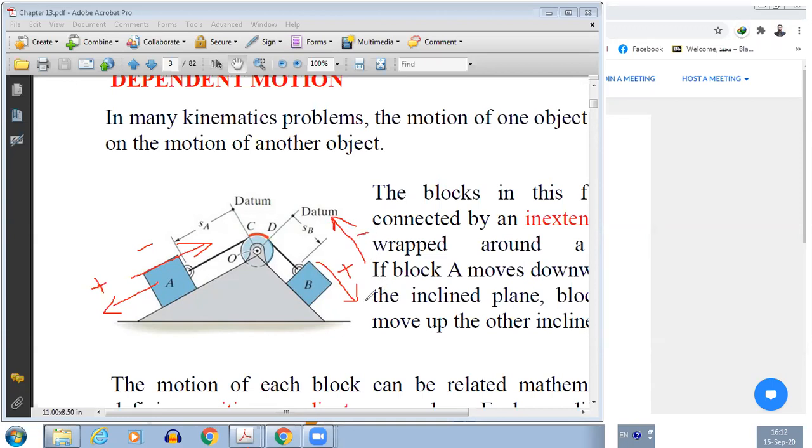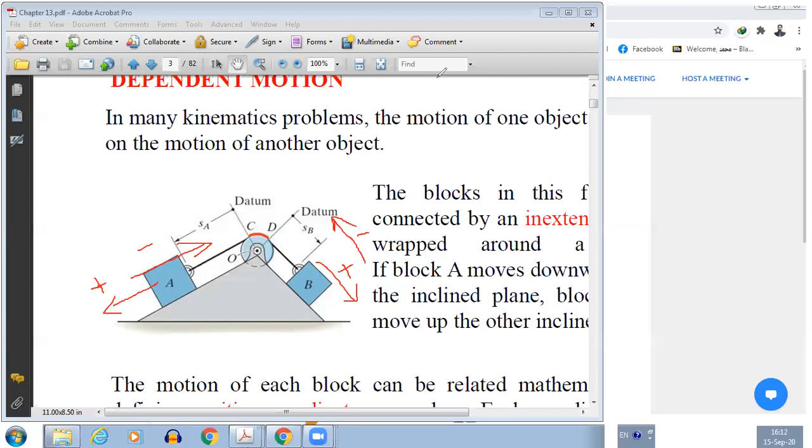So the first point was to specify a fixed reference. The second point was to draw the datum lines, which should be perpendicular to the motion of the particle. The third point is to specify positive and negative. Remember, whenever an object is moving towards the datum, that is negative. Whenever an object is moving away from the datum, that is considered positive.